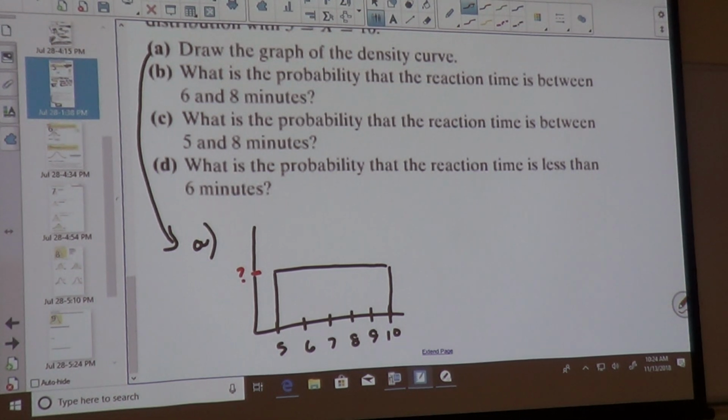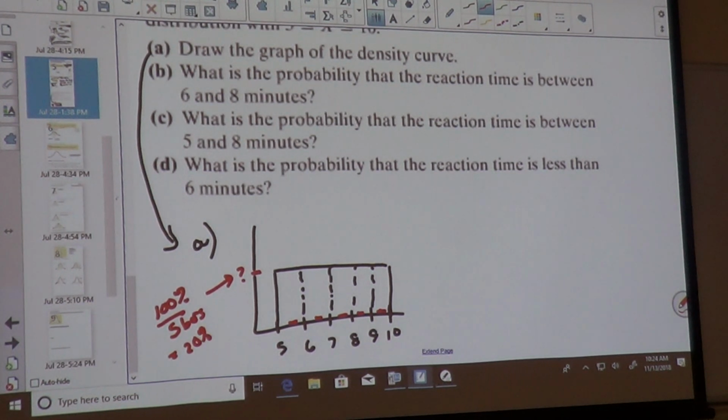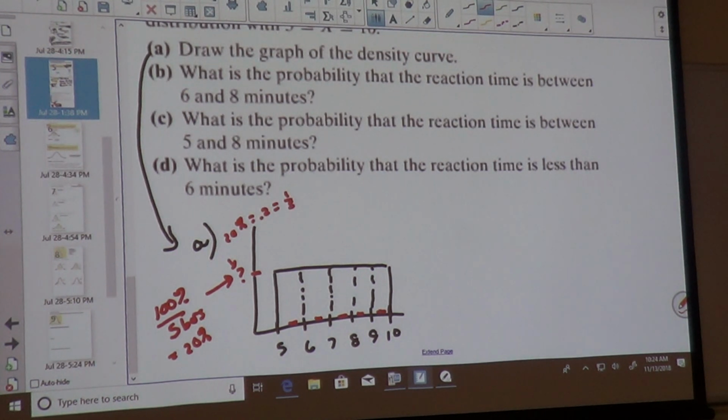If I come down, and I come down, and I come down, that gives me 1, 2, 3, 4, 5 bars. So to get this number, it's 100%, which is everything under the curve, divided by 5 bars, which is going to give me 20%. So this number is either going to be 20%, or 0.2, or 1/5.